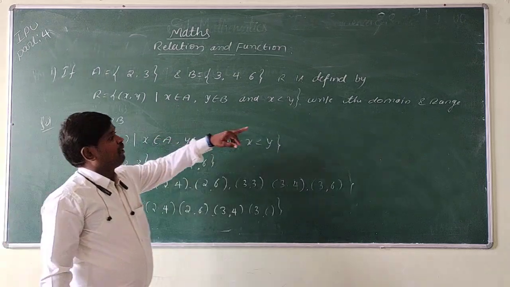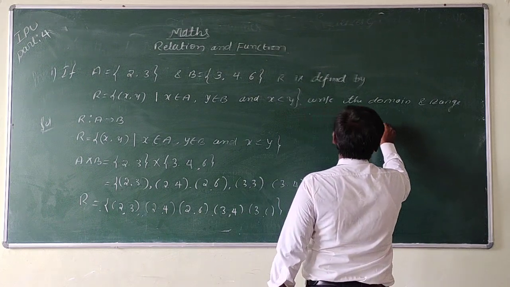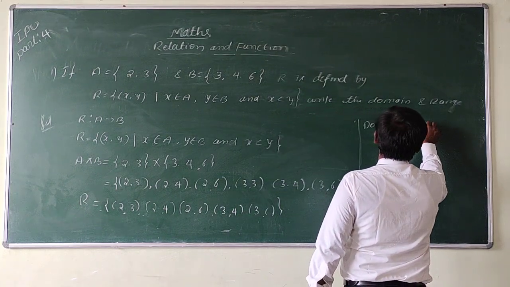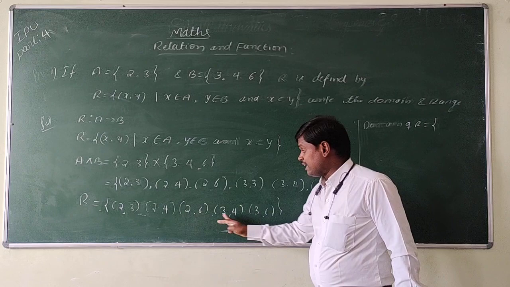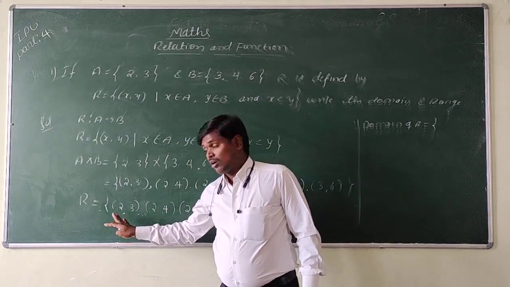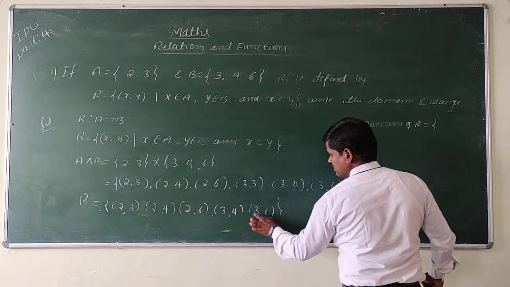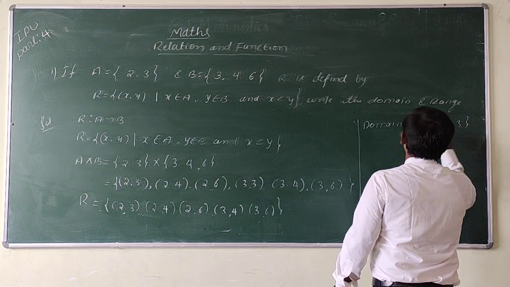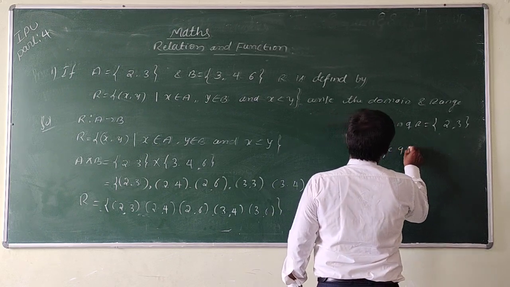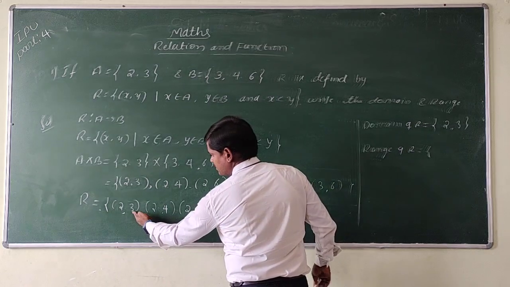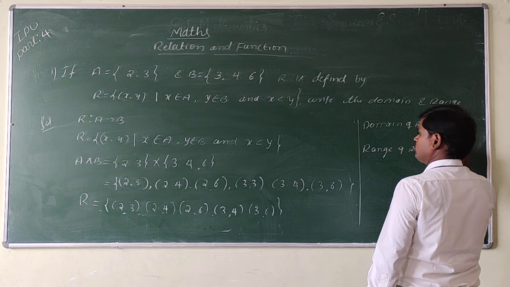Now we need to find the domain and range. The domain of R is the set of all first elements of the ordered pairs in the relation R. The first elements are 2, 2, 2, 3, 3, where 2 and 3 are repeated, so the domain is {2, 3}. The range of R is the set of all second elements: 3, 4, 6, 4, 6, where 4 and 6 are repeated, so the range is {3, 4, 6}.